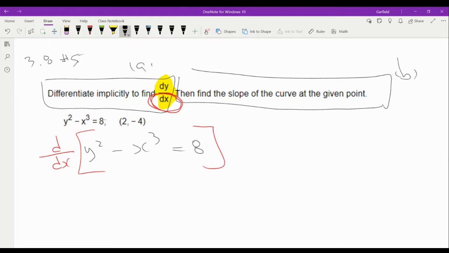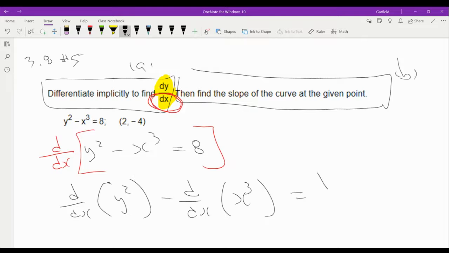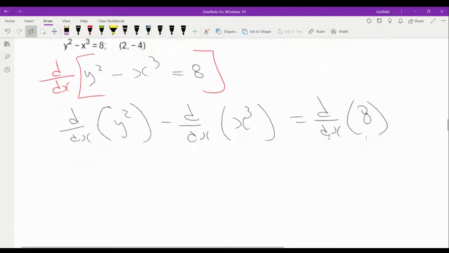So what we're really doing is we're taking d by dx of y squared minus d by dx of x to the third is equal to d by dx of 8. It's an addition problem, so we take the derivative of each individual part, just as we've been doing all semester, right?